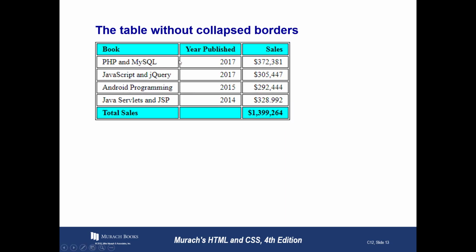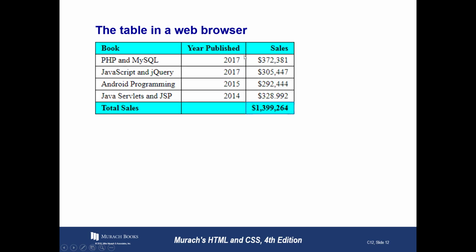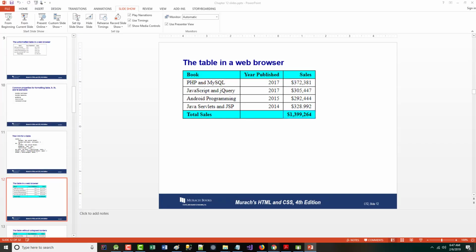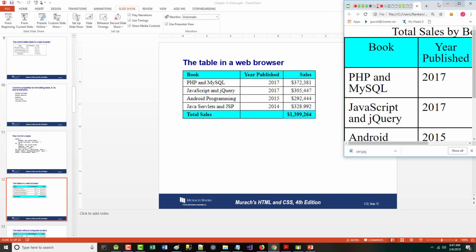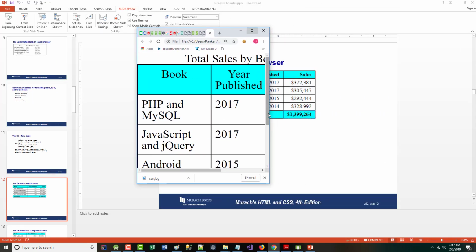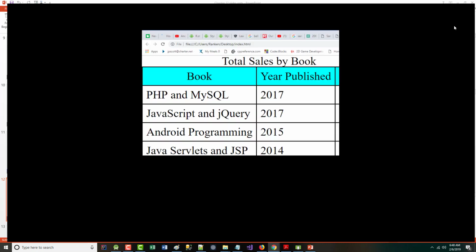Without collapse borders, you get that chunky look here. But by saying collapse, it's going to look more like this. Okay? I don't know if mine will do that. The one that I created, if I make it smaller or not. We can look. And no, it's not. All right?